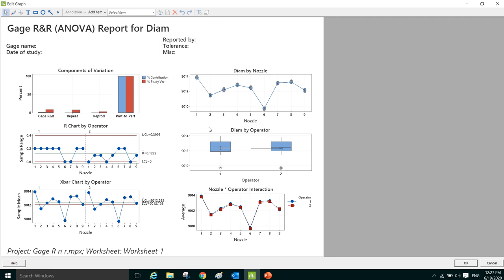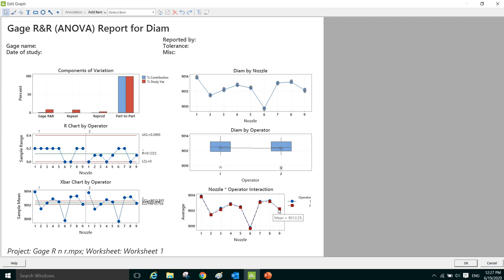The same goes for our box plot here. We can see that the average of the total measurement by operator 1 is almost the same as by operator number 2, and we also have a very good result in terms of how the operator interacts with the nozzle. So we have two lines overlapping each other.